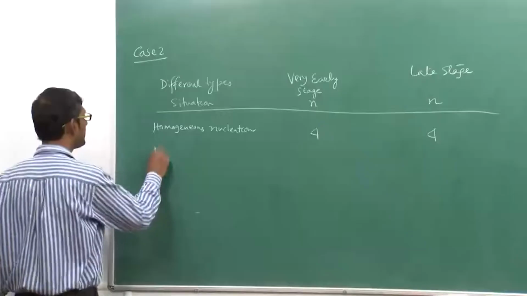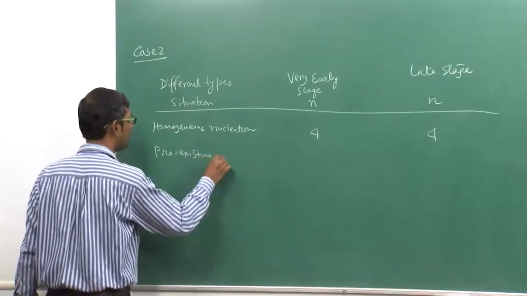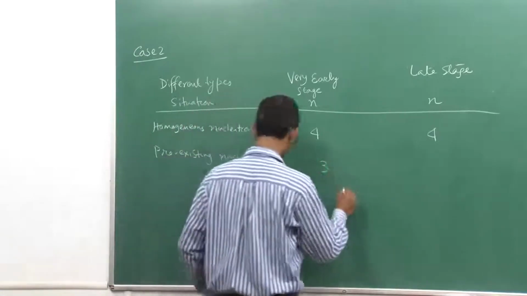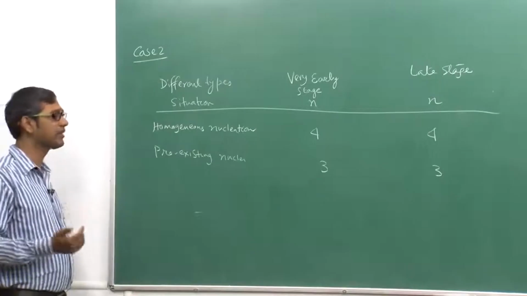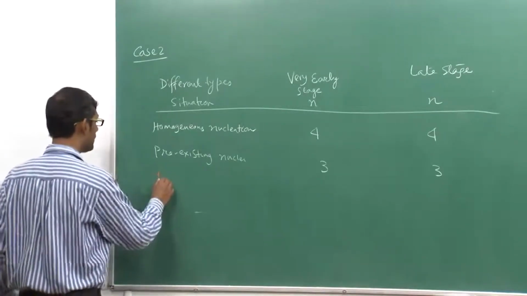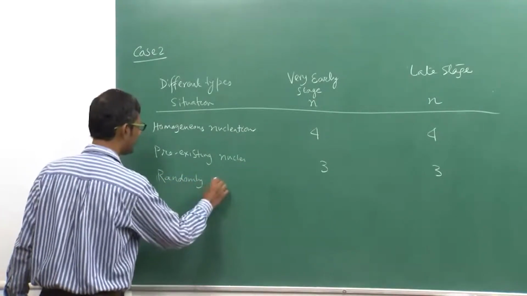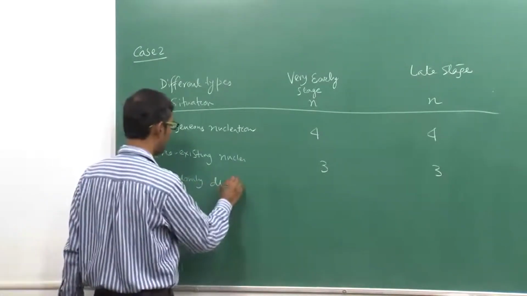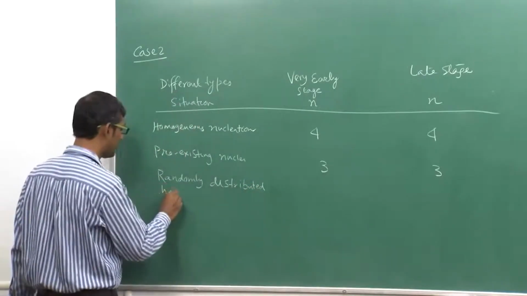Now if you have pre-existing nuclei already and they grow, that we discussed. So initially it will be 3, and let us say later also it will be 3, because it is nothing but 3-dimensional growth happening in the 3 directions x, y, z. Randomly distributed heterogeneous nuclei, this is the situation I just discussed, the second one.